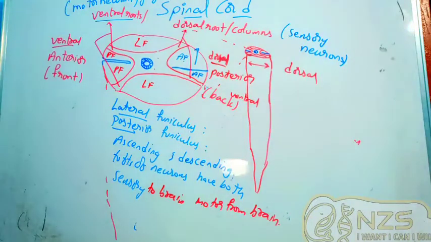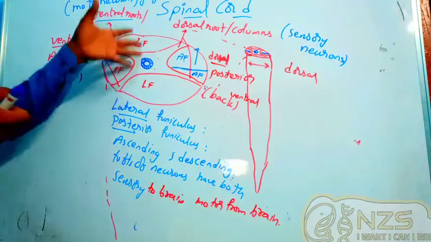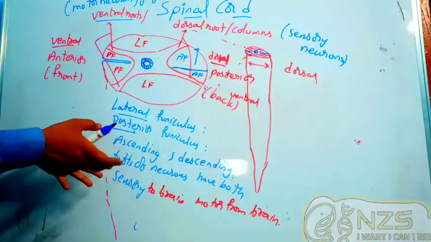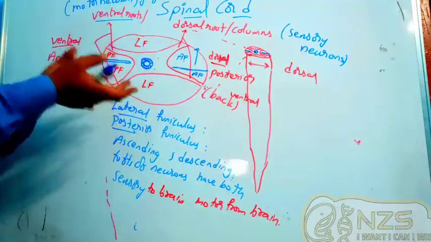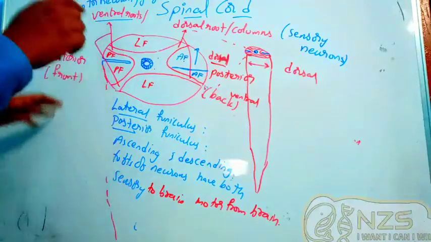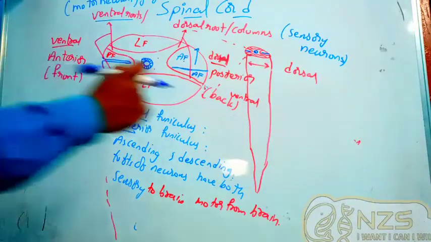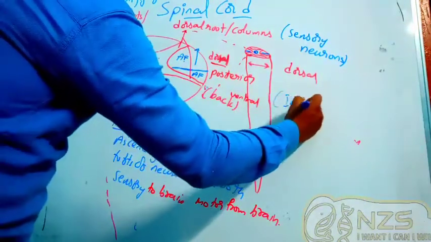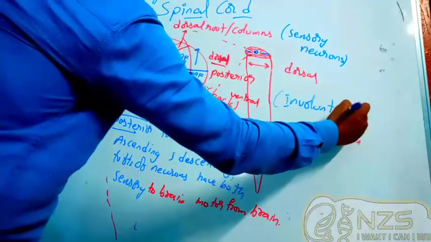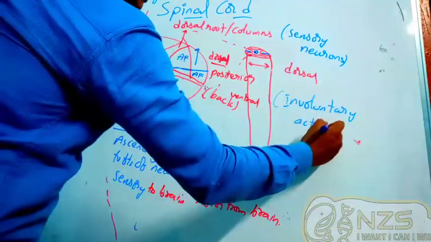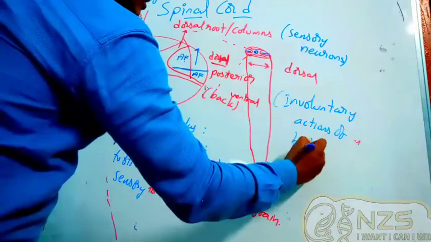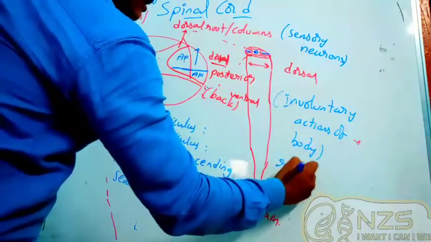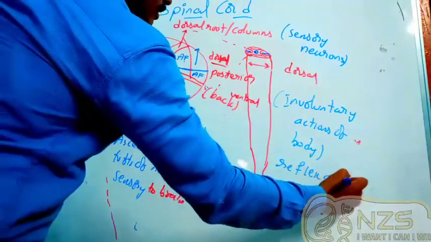We'll discuss that, the sympathetic and parasympathetic parts. So the spinal cord not only carries signals for the brain, it also has its own functions, and mainly, to be remembered, it acts in the involuntary actions of the body. Reflex actions.